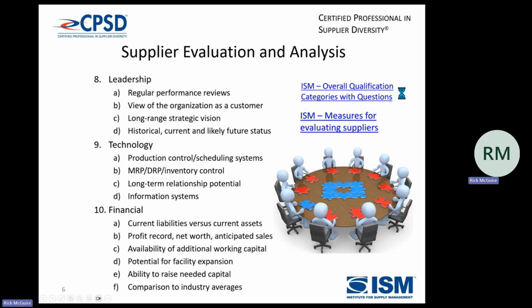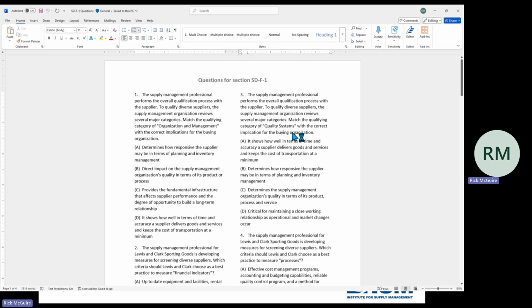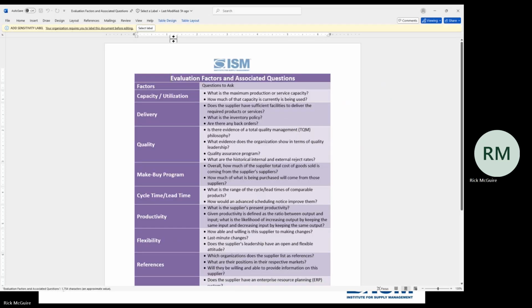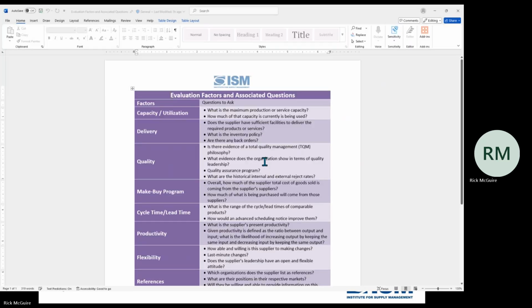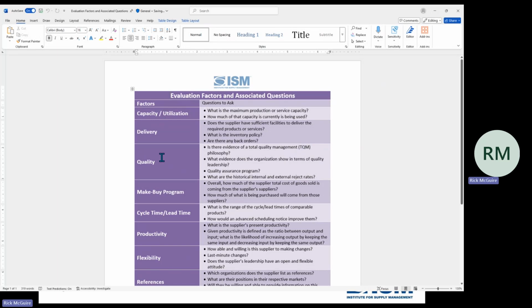So here's ISM overall qualification categories with some questions to ask. Here's the factors on the left. And here's some questions to ask to get at the information from the supply base.